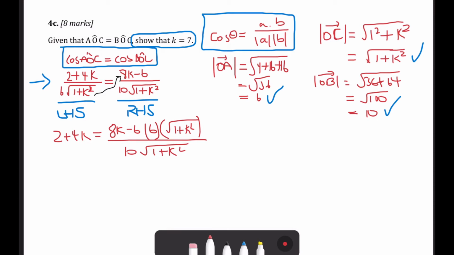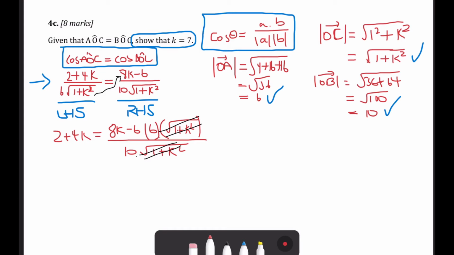And the reason I didn't bring the 10 up to the side is because what I can do now is, because this is all multiply, I can just cancel this out, and that eliminates the complex radical with 1 plus k squared underneath.